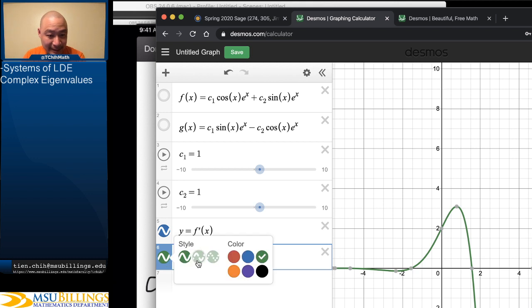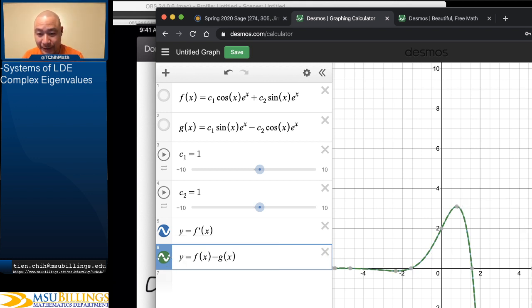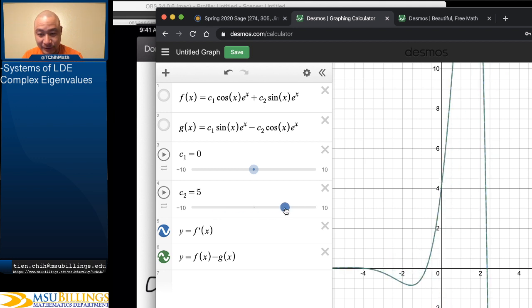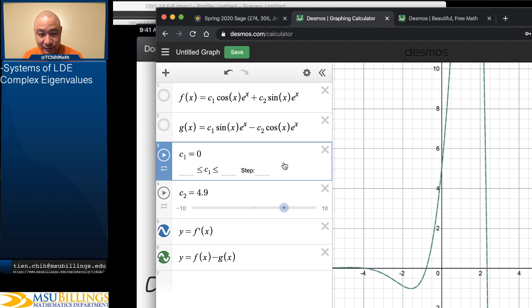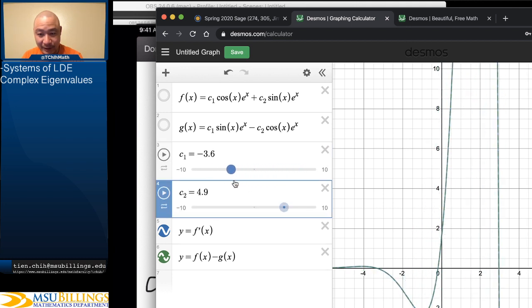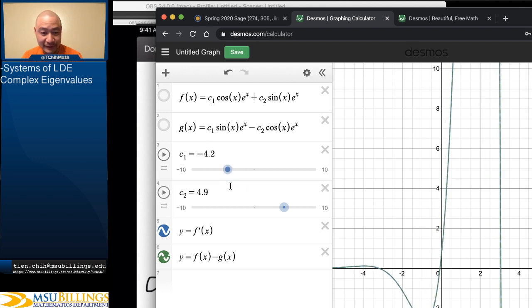Going to go ahead and make that dashed. And look at that. It falls right on top of my f prime of x line. And if I change either my parameters, yeah, it looks like it follows perfectly. So it really does seem like f prime is f minus g.